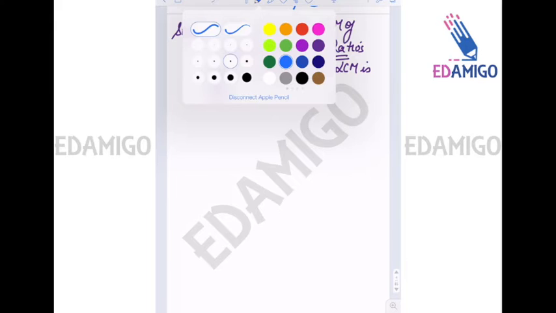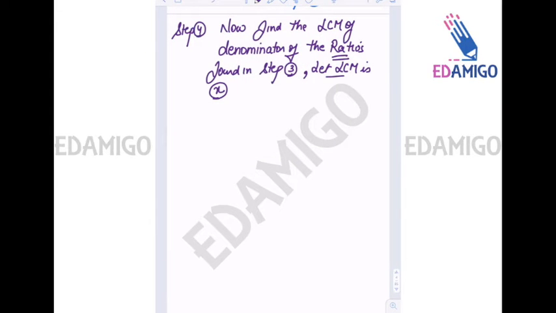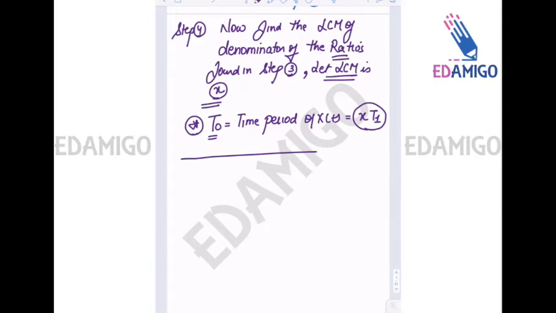Now in step 4 we have found the LCM of the denominators, and we said that the LCM is X, and the time period of capital X(t), that is T0, is equal to X into T1. Okay. So this is the solution of such kind of questions.